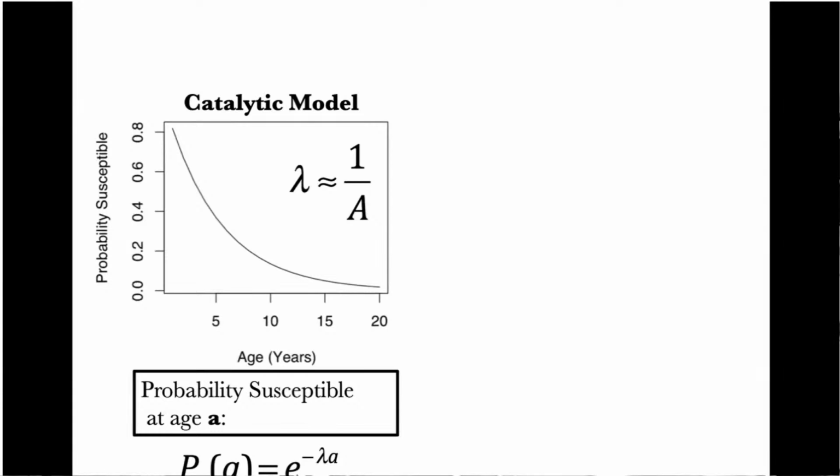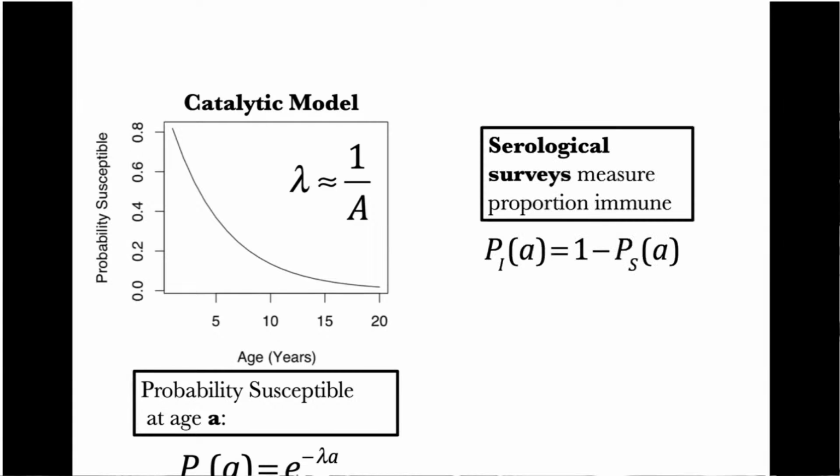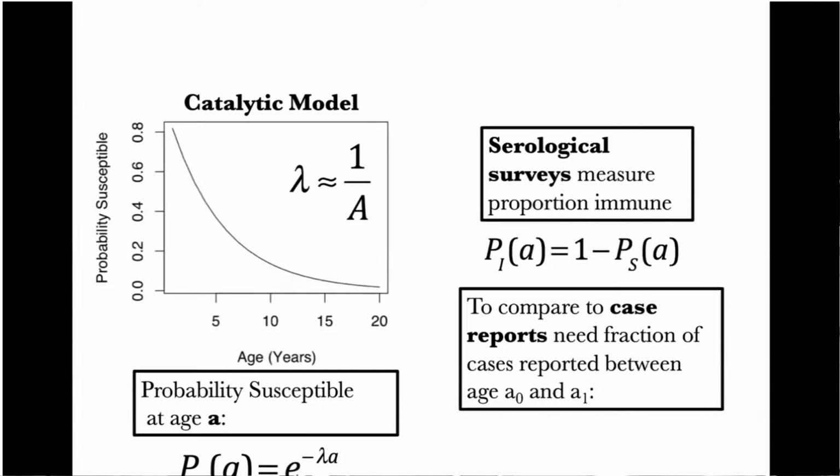And what they characterize is a proportion susceptible over time and age here intersect in a catalytic model, because we follow people from birth. And serological surveys will give you the proportion immune, which you can just easily convert into proportion susceptible.